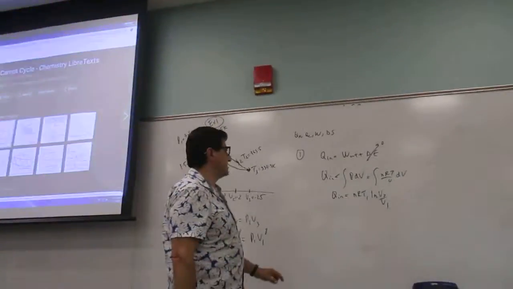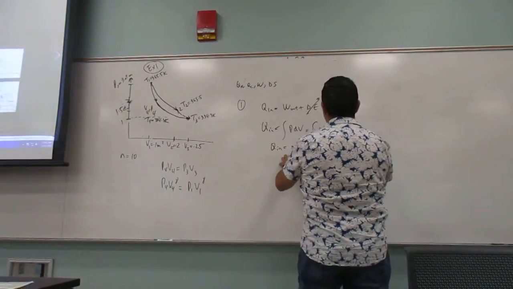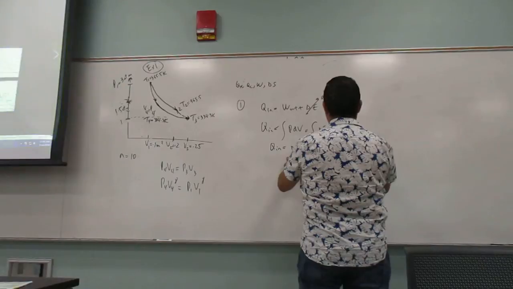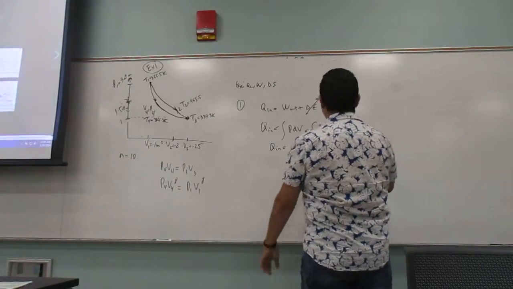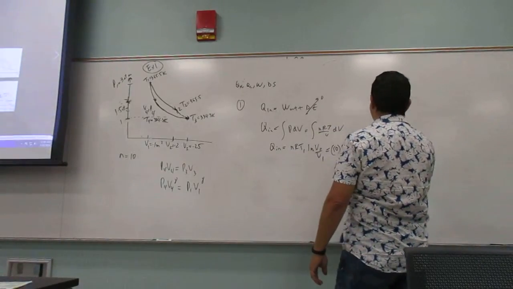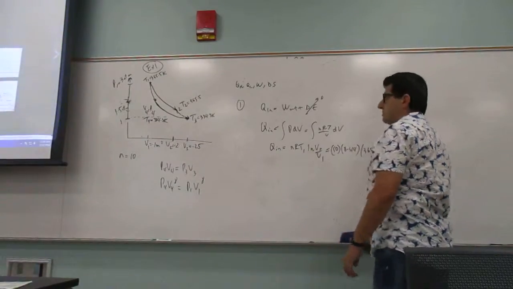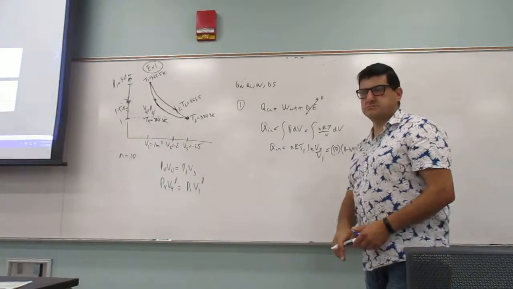So then in my case, it's 10 moles, 8.314, T1 is 365.5, ln of 2, because the volume doubled. You see?